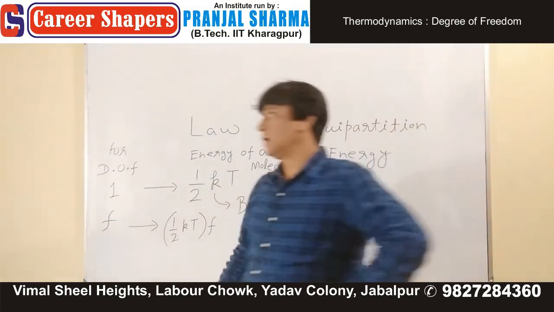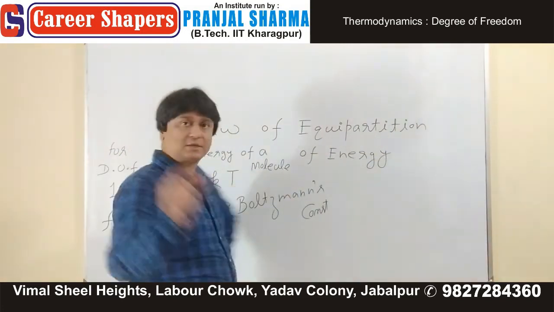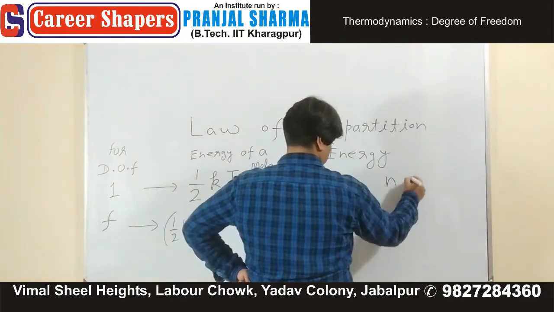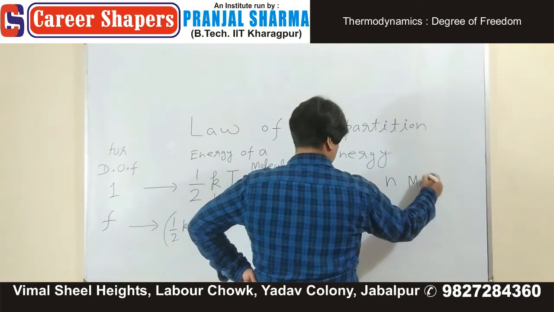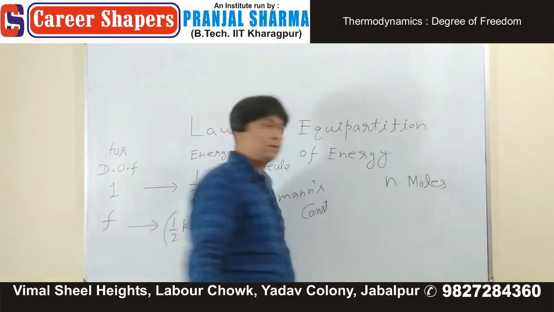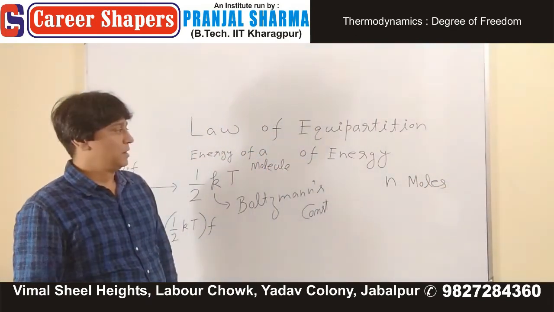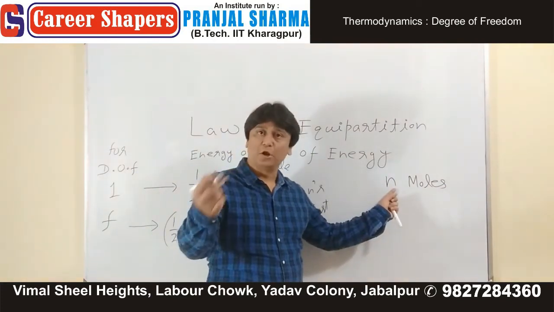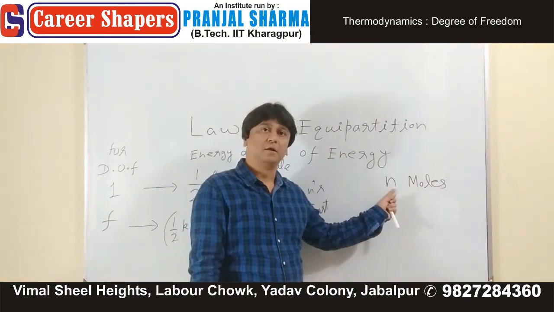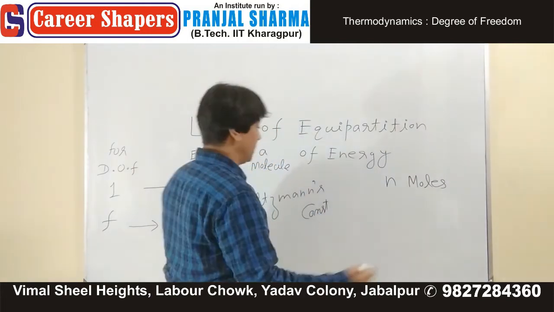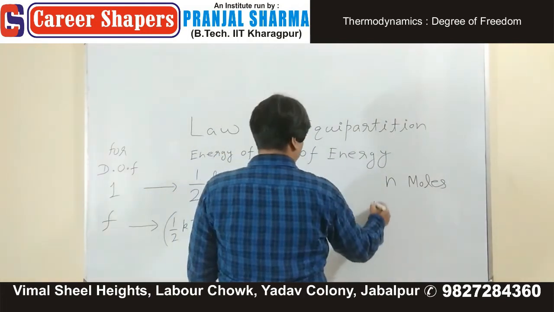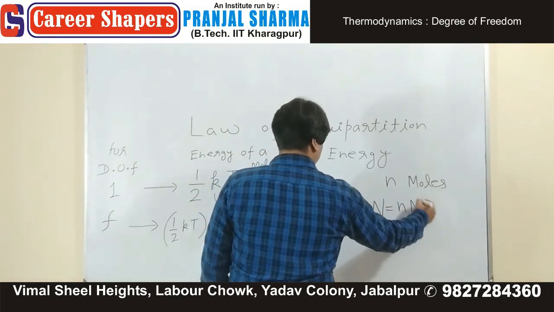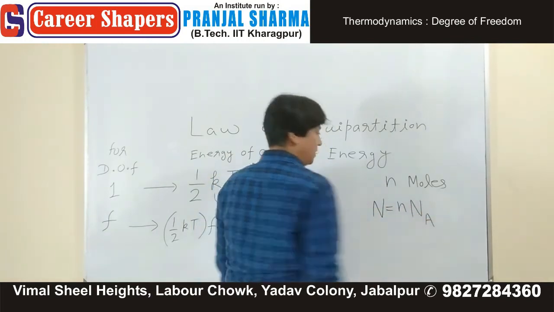Now, we never talk about a single molecule, we talk about n moles. In n moles, how many molecules are present? Well, I hope you know that total number of molecules will be n multiplied by Na.